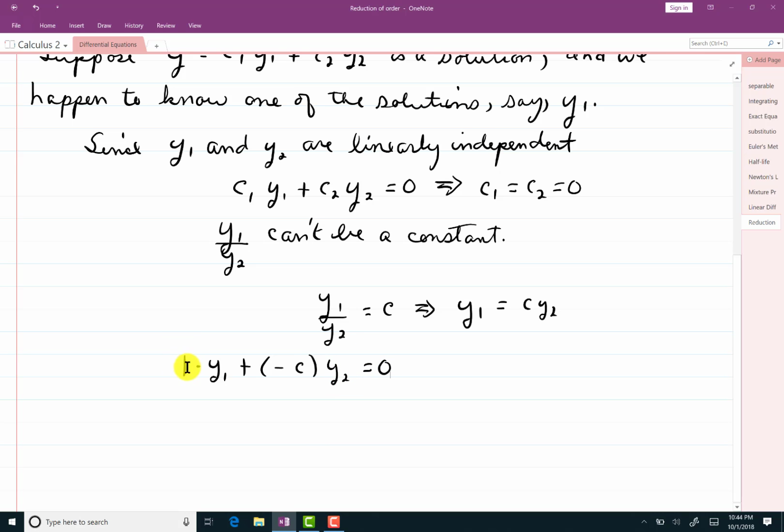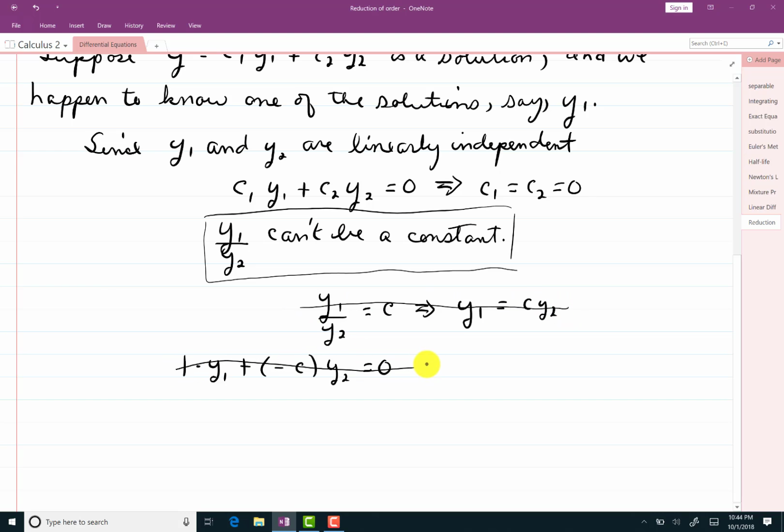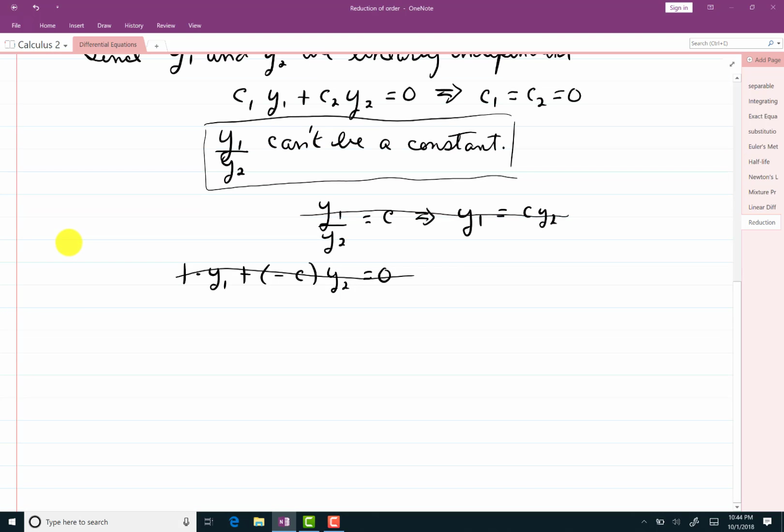Well, the 1's not 0. Well, then that would mean the constant would have to be 0, but then you would have that y1 would be 0, everything would fall apart. So this is what we must have. This stuff down here cannot happen. So it can't be constant.